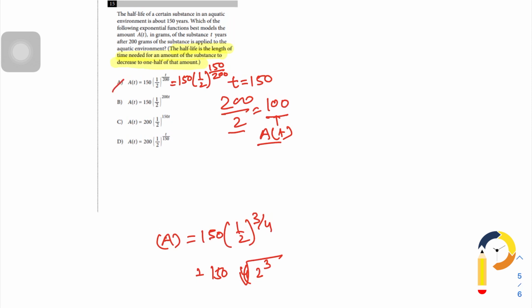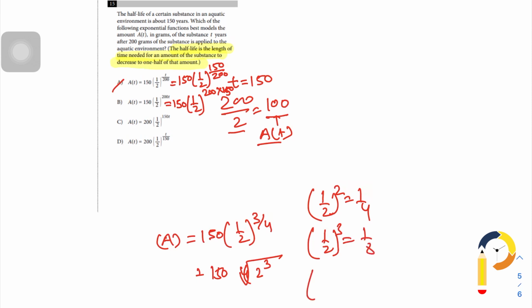When you put t equal to 150 in answer choice B, what you get is 1 by 2 times 200 times 150, so this becomes 1 by 2 to the power 3000, right? So it's going to be very small. Suppose I give this example: 1 by 2 to the power 2 becomes 1 by 4, 1 by 2 to the power 3 becomes 1 by 8, 1 by 2 to the power 4 becomes 1 by 16.